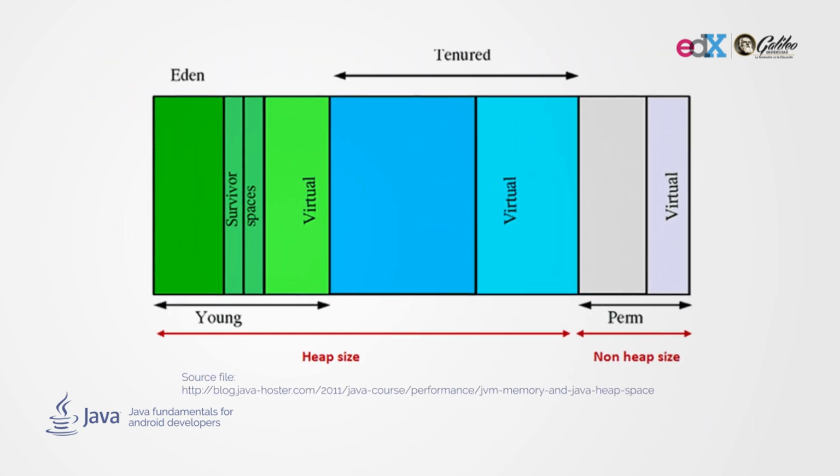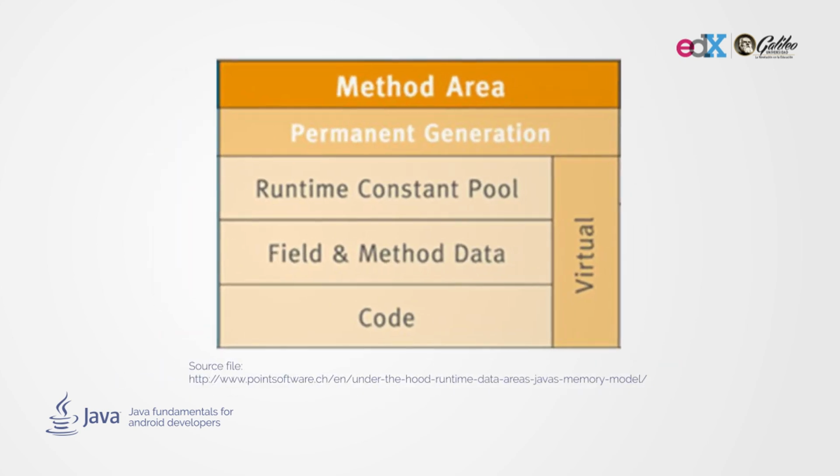As you see in this image, we can see the areas in the heap space. You can see how it is divided in two main areas: the heap space in the green and blue spaces in the picture, and the permgem, permanent generation, space. The permgem space is a place where Java loads all the classes that you need to instantiate.